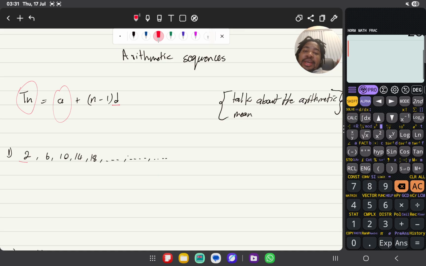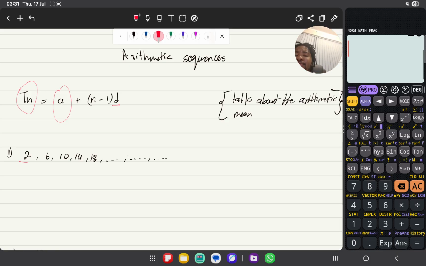In an arithmetic sequence, the answer you get has to be the same all throughout. If it's not the same, you're not dealing with a linear sequence. But as soon as it's the same, you are dealing with an arithmetic sequence, and you can definitely use this formula. So I'm going to show you with a couple of examples how we use that formula to get a lot done.